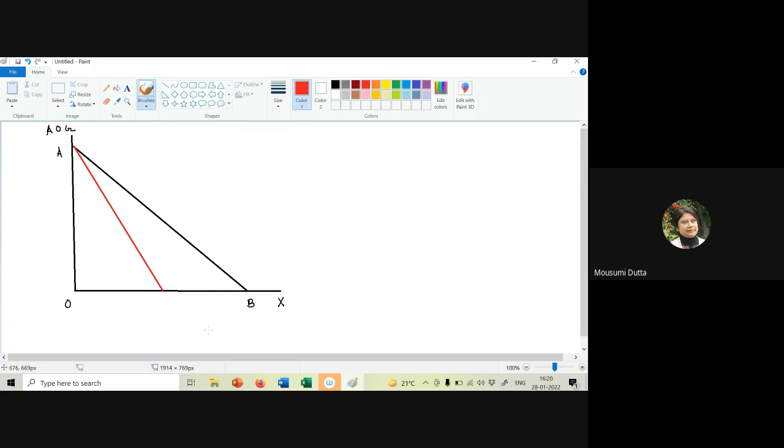I'm calling this rotated budget line AC, and this figure 1. And this point I'm calling E.